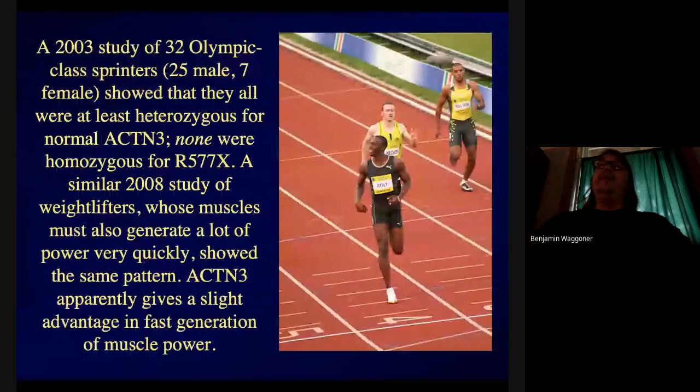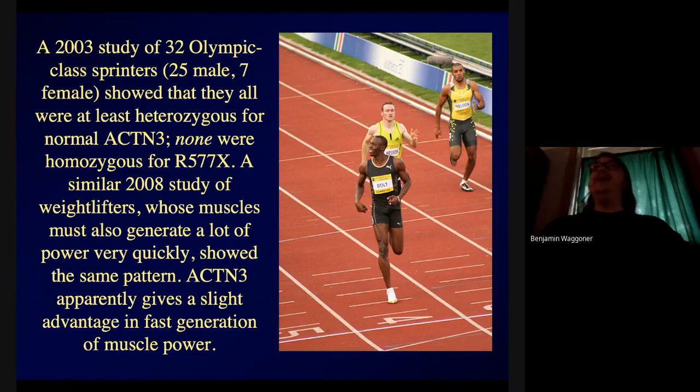back in 2003, they did a genetic study of Olympic sprinters and showed that every one of them was at least heterozygous for normal alpha-actinin 3, and none of them were homozygous for the mutant allele. The same pattern was found in weightlifters, who are like sprinters in that they have to generate lots of power fast, right?